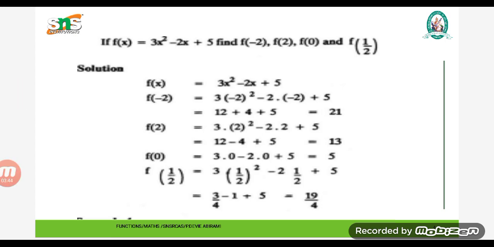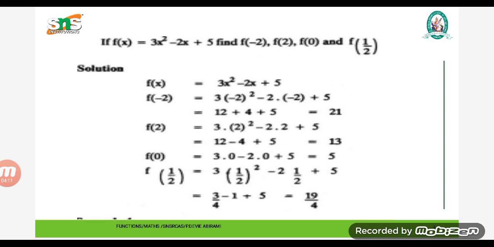My first problem is, if the function f of x is 3x squared minus 2x plus 5, we have to find the values of f of minus 2, f of 2, f of 0 and f of 1 by 2. So we have our x value as minus 2. Now I substitute minus 2 in my function, so I get 3 into minus 2 the whole squared minus 2 into minus 2 plus 5.